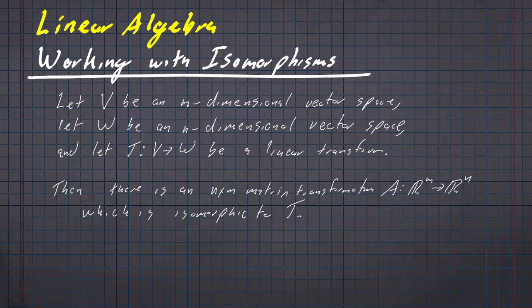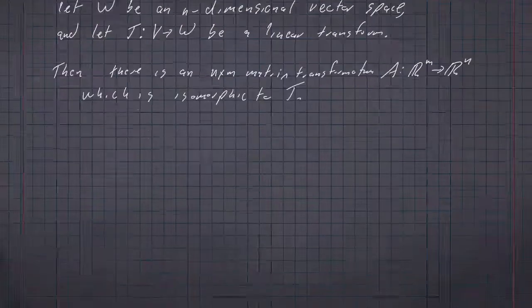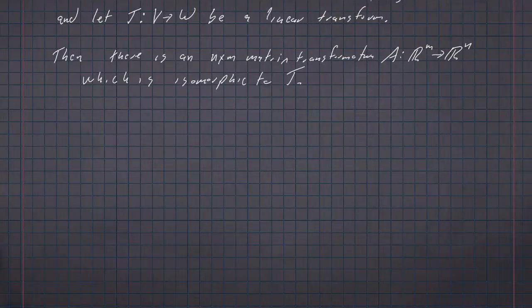So for any linear transformation T, there is a matrix transformation A, which maps from Rm to Rn, which is isomorphic to T. Talking about a transformation as being isomorphic is a little bit strange at first glance.